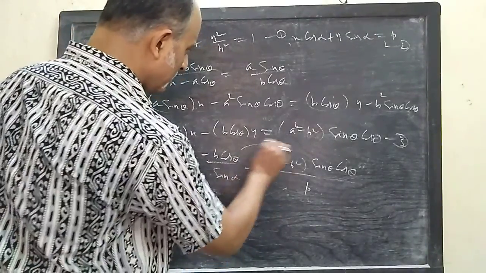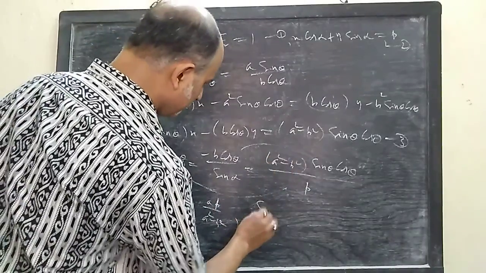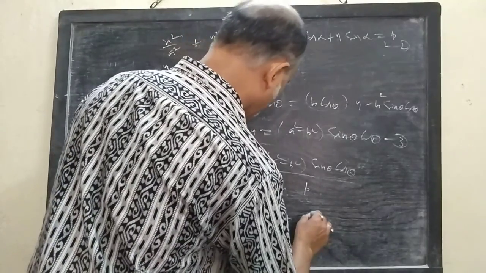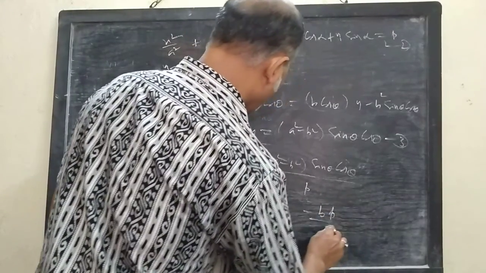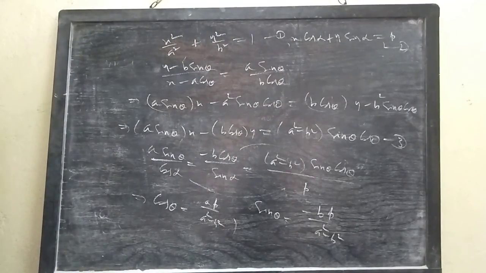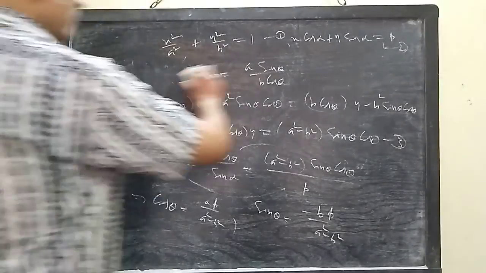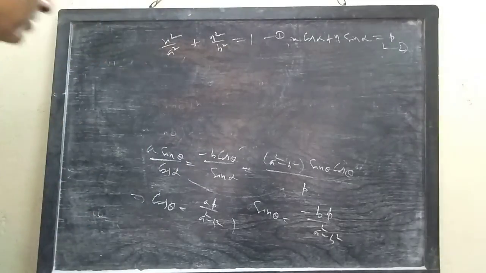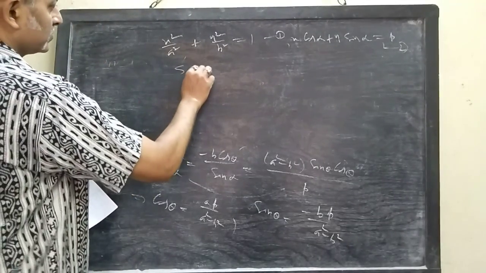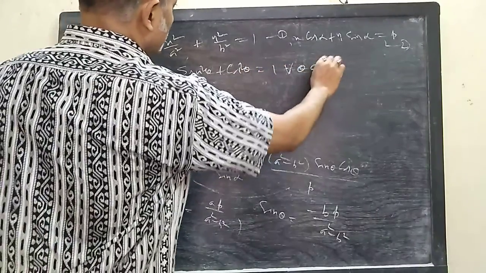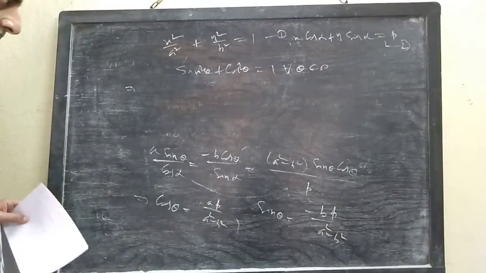Similarly, equating these two results, we get sin theta equals to minus BP by a square minus b square. Now, like the previous problem, we write sin square theta plus cos square theta equals to 1, for all theta belongs to R.